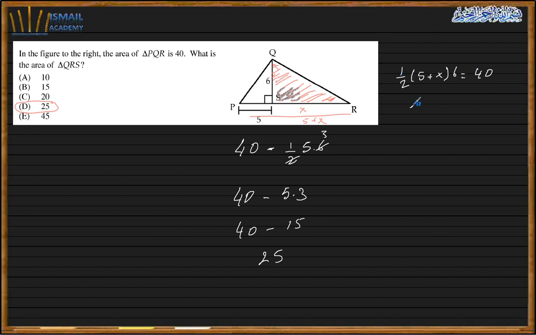So we'll have 5, if I simplify here, I got 5, 15, so minus 15 both sides. So I got 3x by 3.